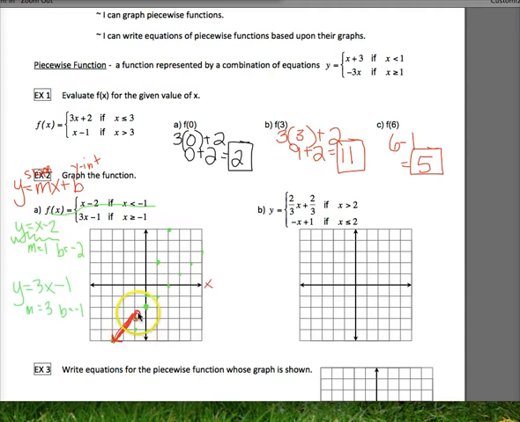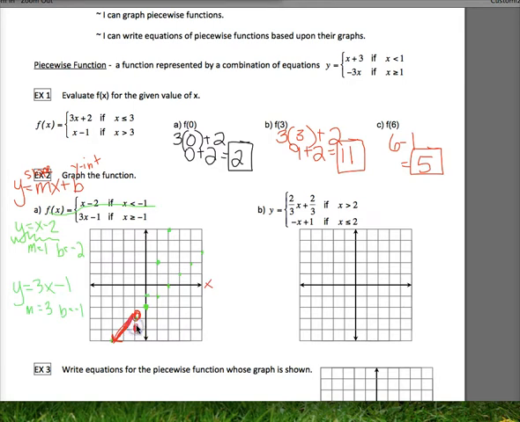Again, I don't want the whole line, so I'm not going to connect that. I'm going to see what part I want. My breaking point is at negative 1 still, so on that line I want to find where x was negative 1, which is this point right here. Because this is a greater than or equal to, it is a closed circle because I'm including that point.